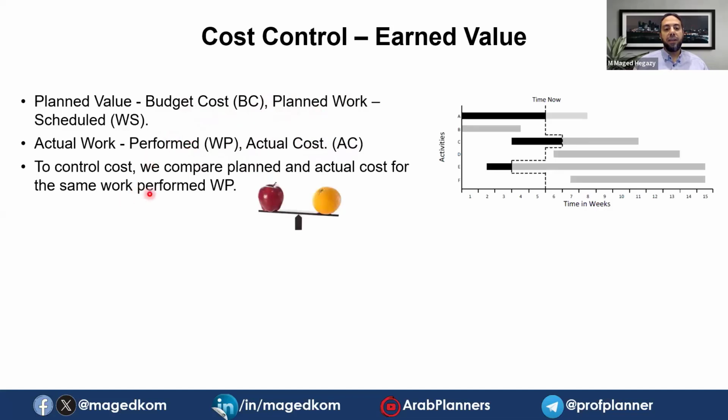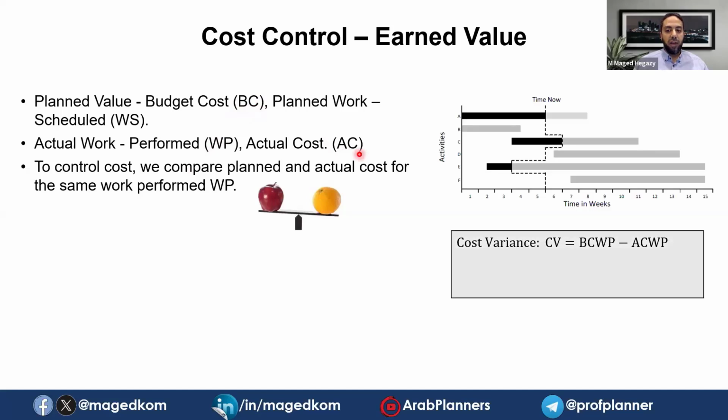That's why we calculate earned value to compare apples to apples, to compare only the work performed from the budget. If we calculate this work performed from the budget, what will be the budget available compared to the actual cost? After this, we can do the right comparison, apples to apples. That's why we compare the earned value with the actual cost.